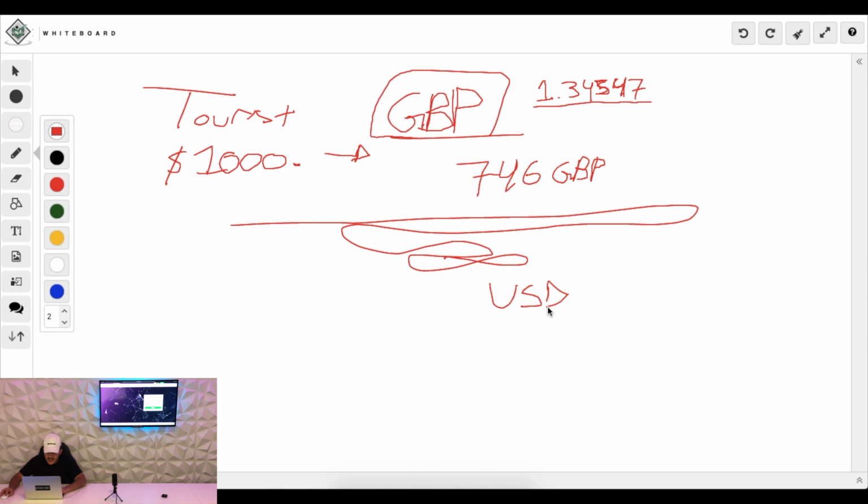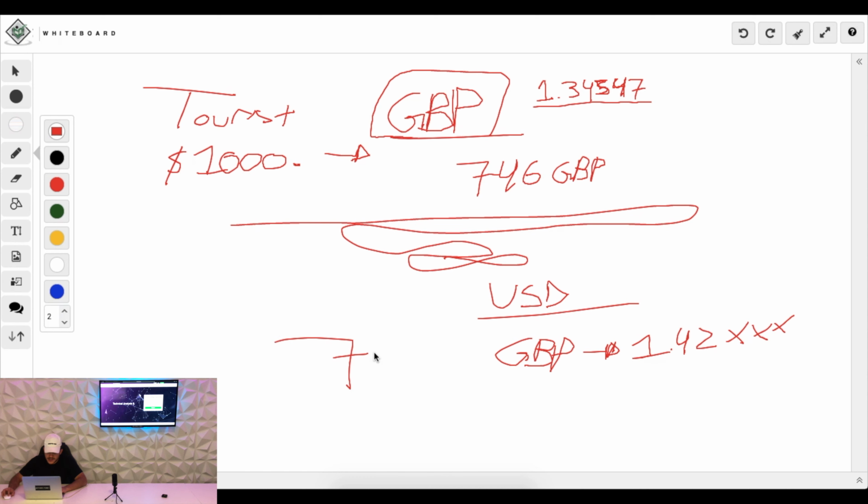But to his surprise, when he gets to the institution, the representative tells him that the GBP price has increased to $1.42. That means we had an increase of about 8 cents per GBP.